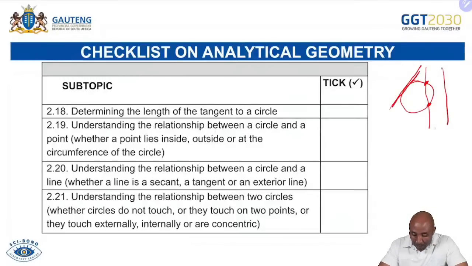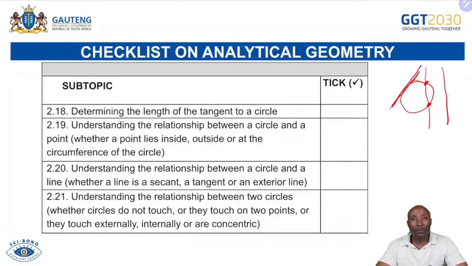We should be able to use our nature of roots to help us determine whether the equation of the line intersects the circle at 2 points, 1 point, or not at all, as well as using our knowledge of simultaneous equations.